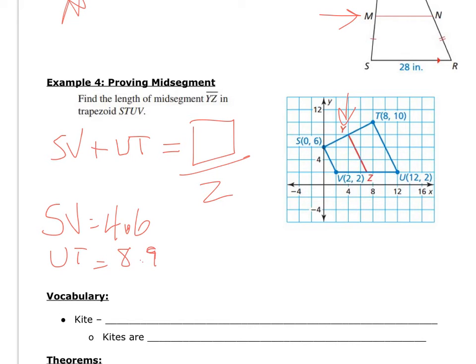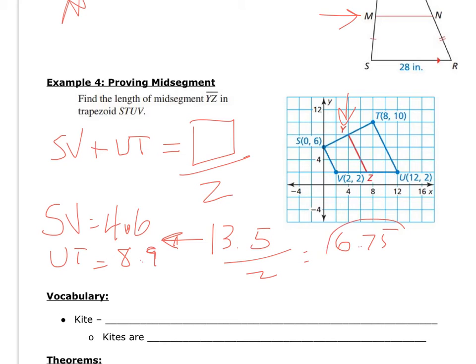When you put those in the calculator and add those two together, that's going to be 13.5. That's the sum. If I divide that by 2, I would get 6.75.